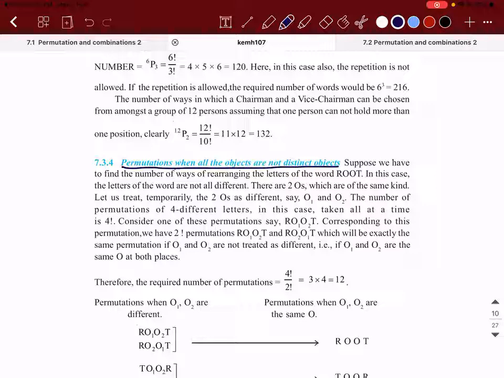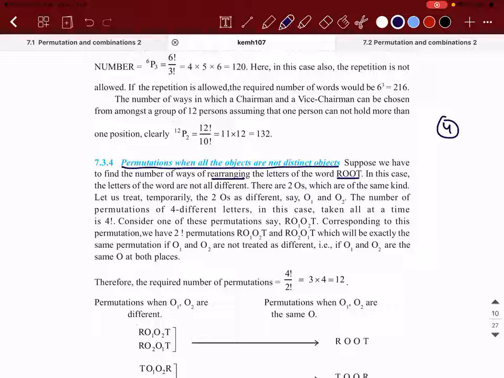Suppose we have to find the number of ways of rearranging the letters of the word ROOT. So if you take ROOT, how many objects do you have in your hand? You have 4 objects. So those 4 objects should be arranged among themselves. Means 4 letters are there.